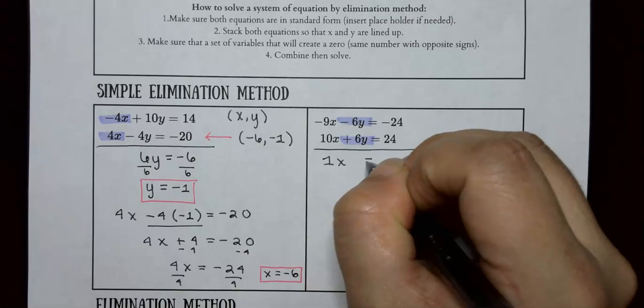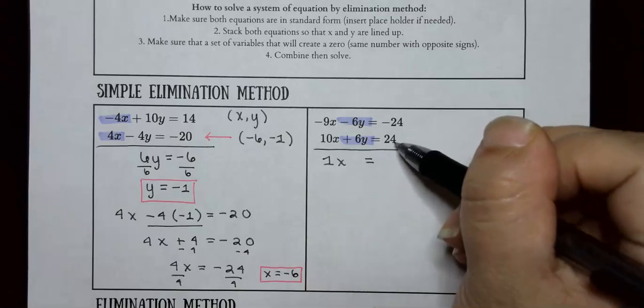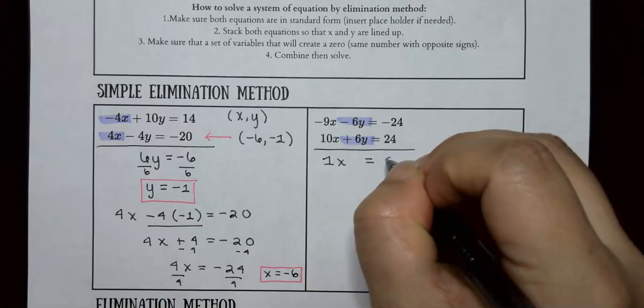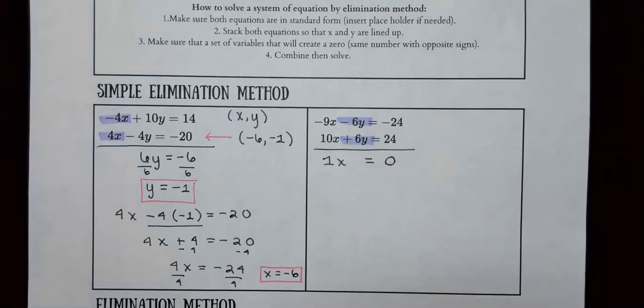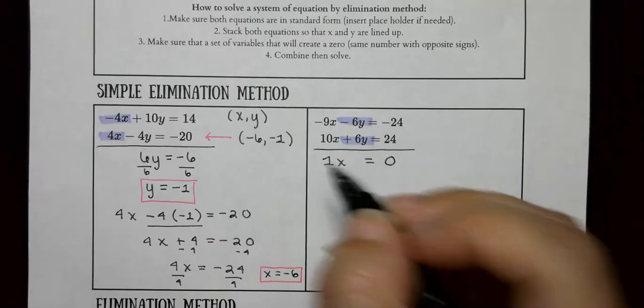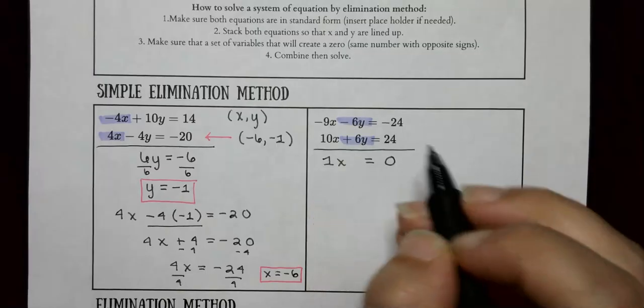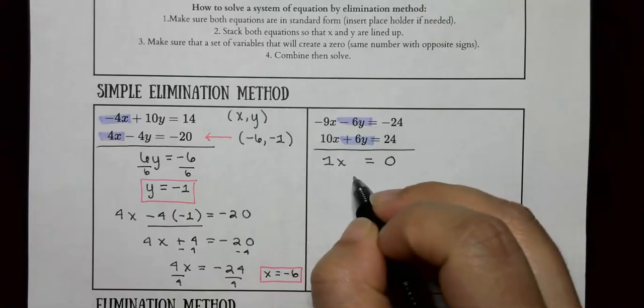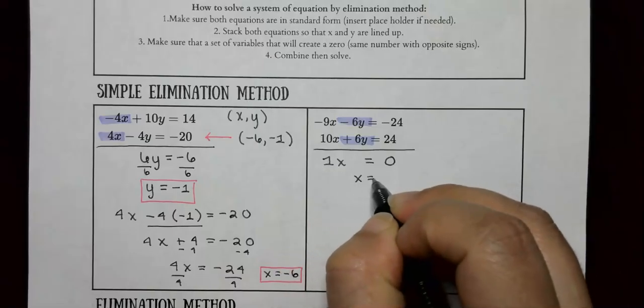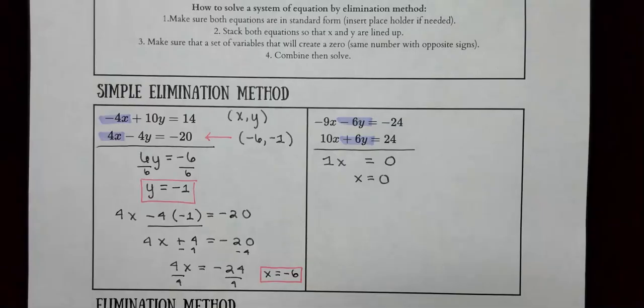Bring down your equal sign. Negative 24 plus 24 does give us 0. So I'm going to write that down because this is our placeholder. We just can't have an equation with a blank on one side. So from here, we know that x is equal to 0. You can also divide both sides by 1, but I'm just going to write x is equal to 0.